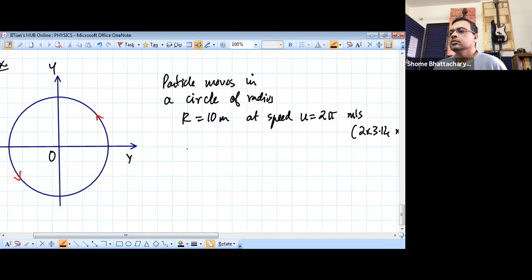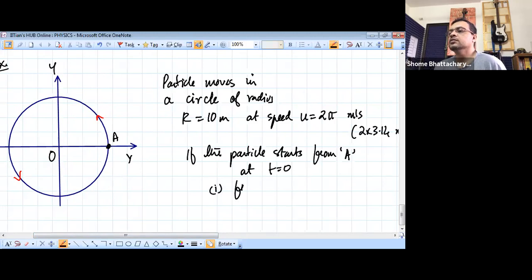Now, the particle starts from the point A, where the point A is over here, at t equal to 0.